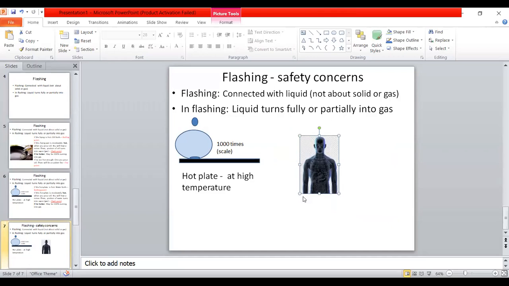This is a human. So we all are like this. And our body is 80% water.